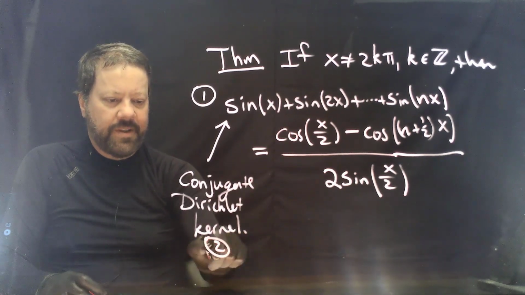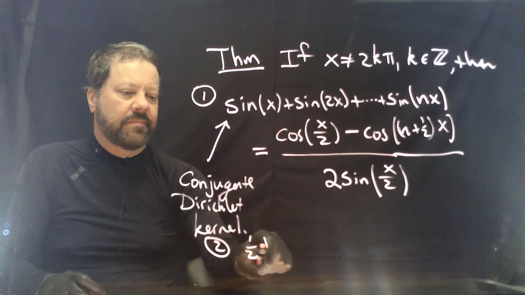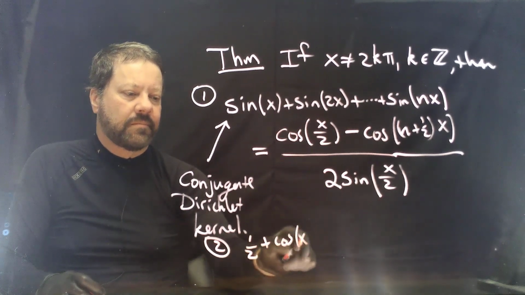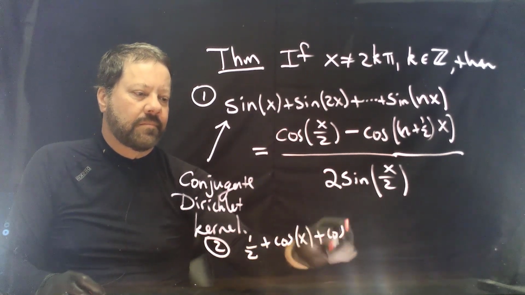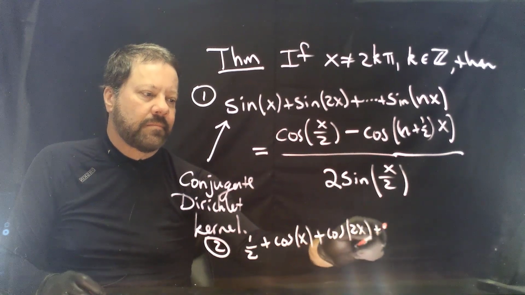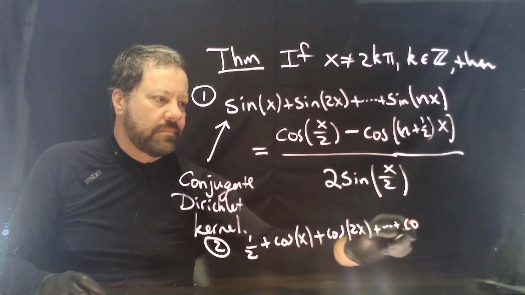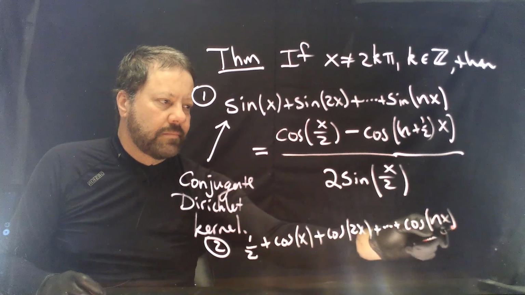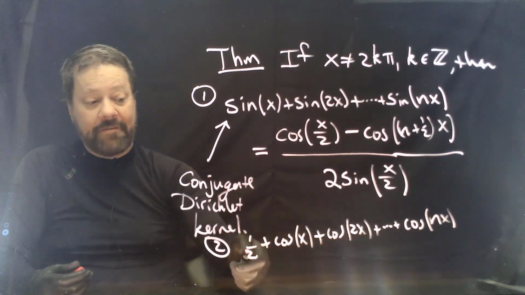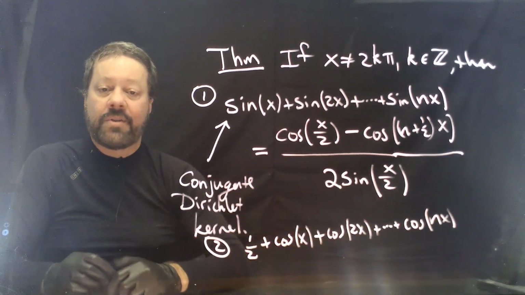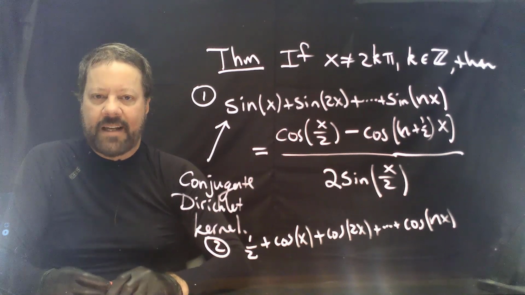There is a part 2 to this, where we start off with a 1/2 term and then the sum of the cosines of k times x.